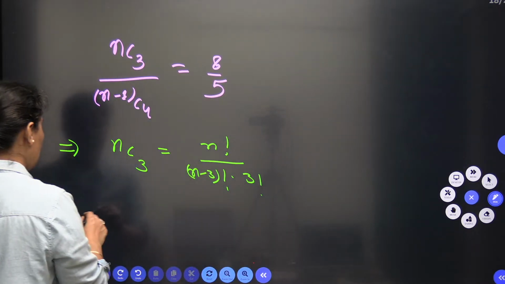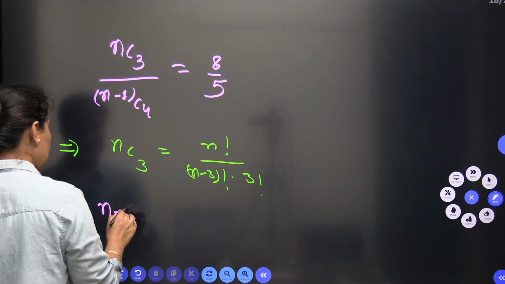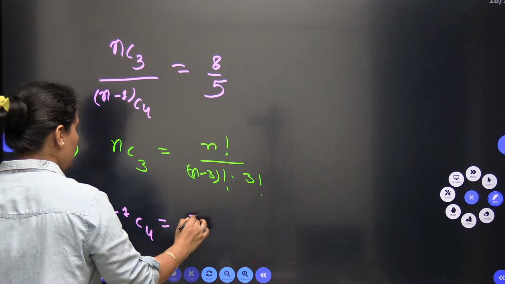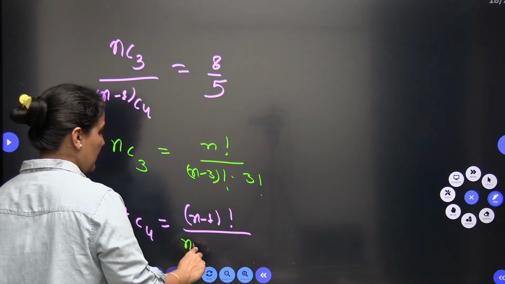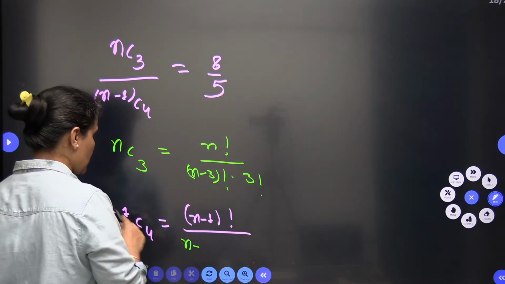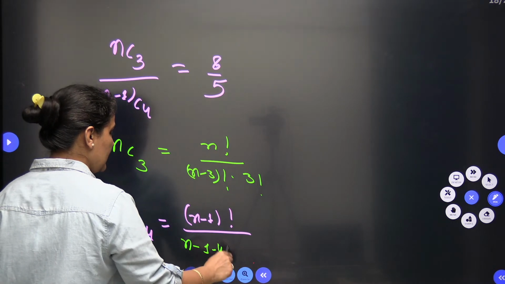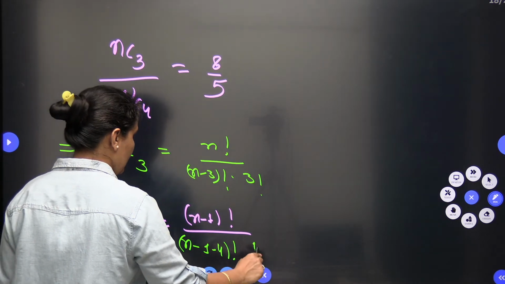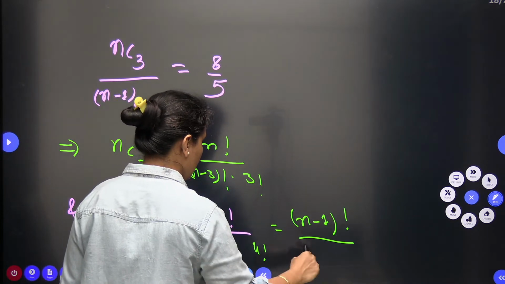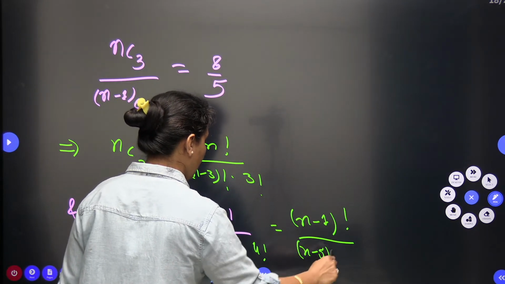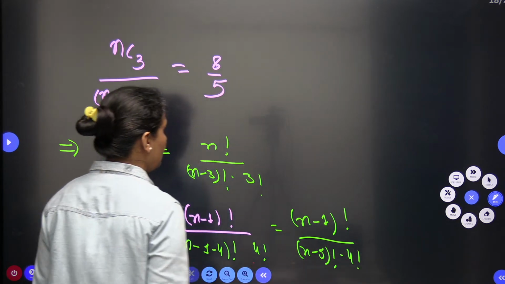Okay, and if I want to open (n minus 1)C4, it will be (n minus 1) factorial divided by, now be careful here, I need to go with n minus r. So n minus 1 minus 4, and here it will be 4 factorial. So it becomes (n minus 1) factorial by (n minus 5) factorial multiplied by 4 factorial.